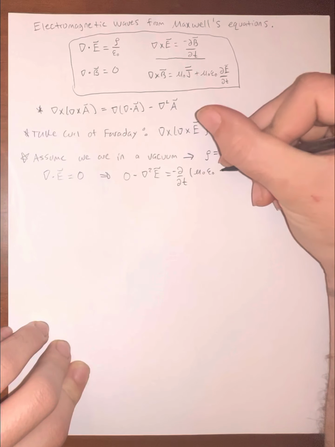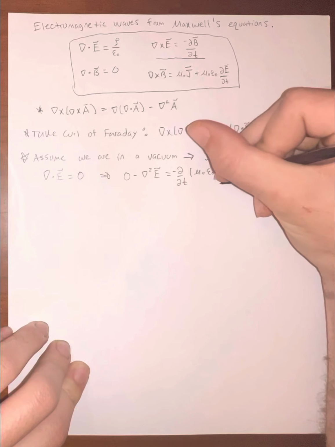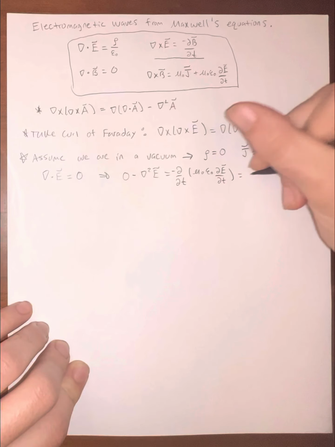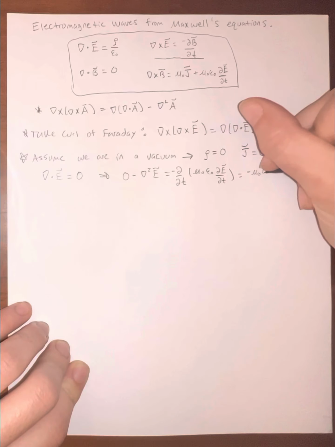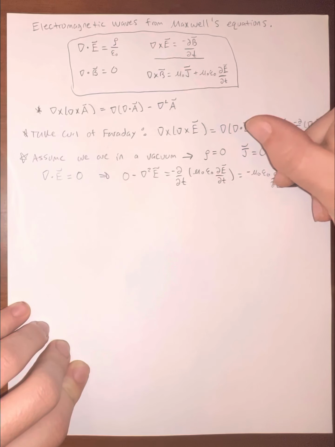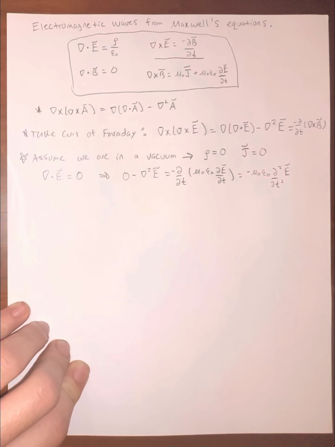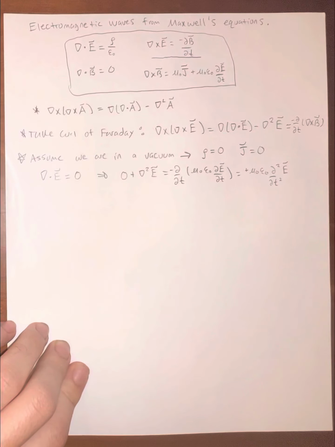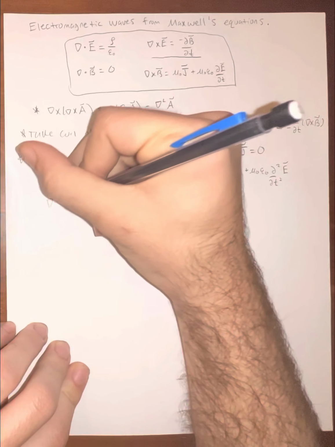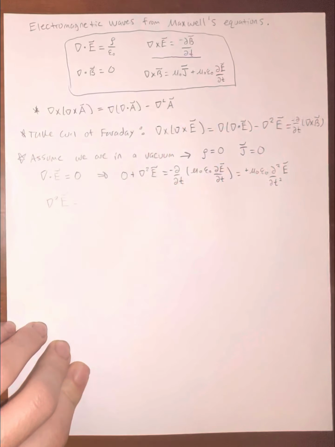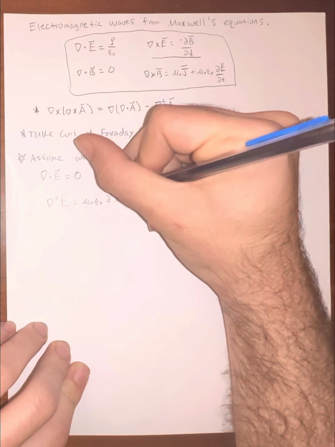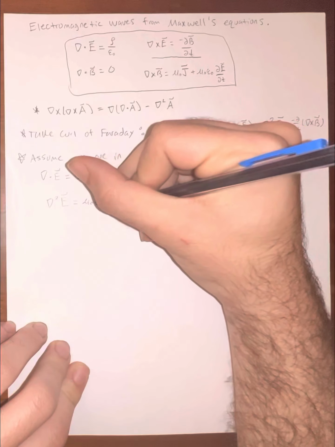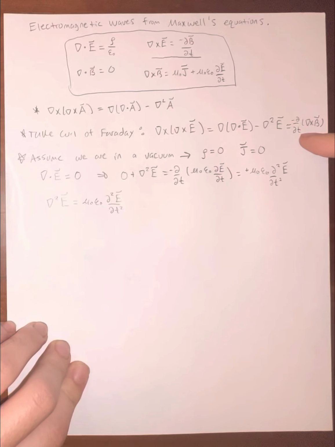So we get negative mu naught epsilon naught d squared E dt squared. And then these just become positive. So we recover that the Laplacian of the electric field is equal to mu naught epsilon naught, the second derivative with respect to time of the electric field.